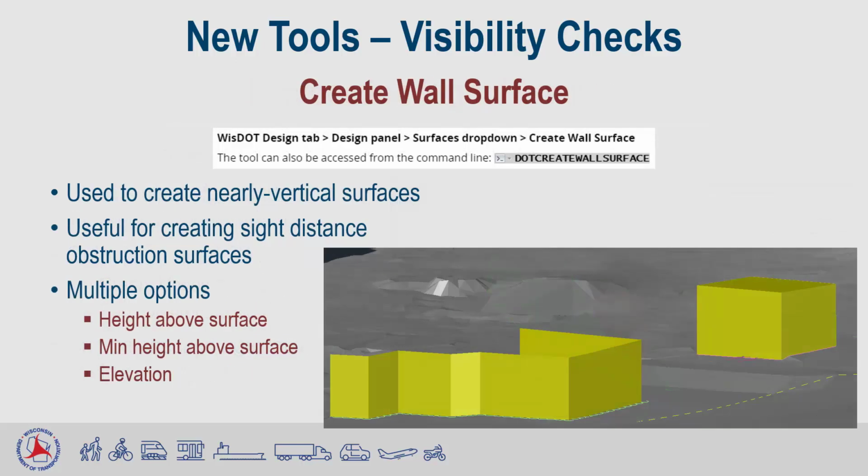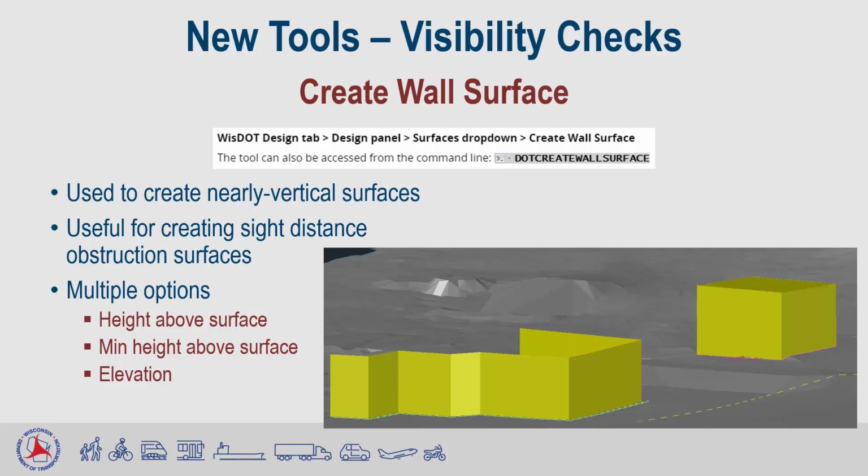When building these site distance tools, we realized we needed a quick way to build these obstruction surfaces. We're calling these surfaces wall surfaces. That's where the Create Wall Surface tool comes in. It creates nearly vertical surfaces that can be used as obstructions, and it's very useful for these site distance analyses.